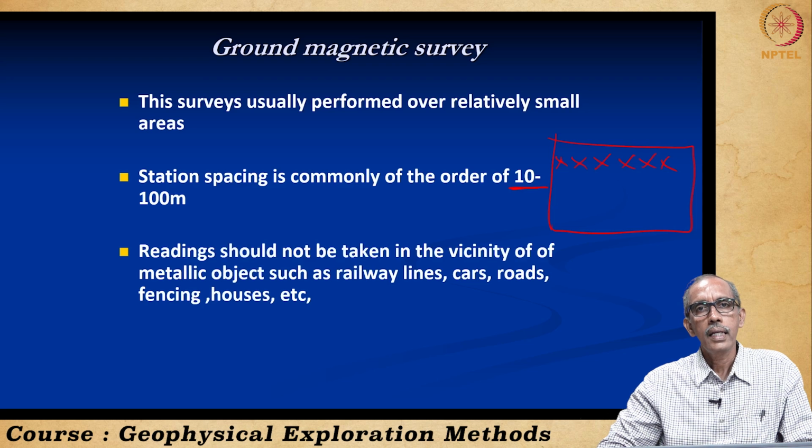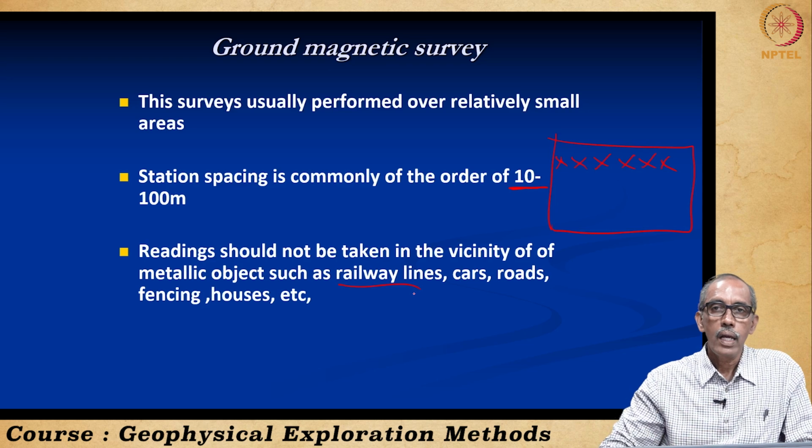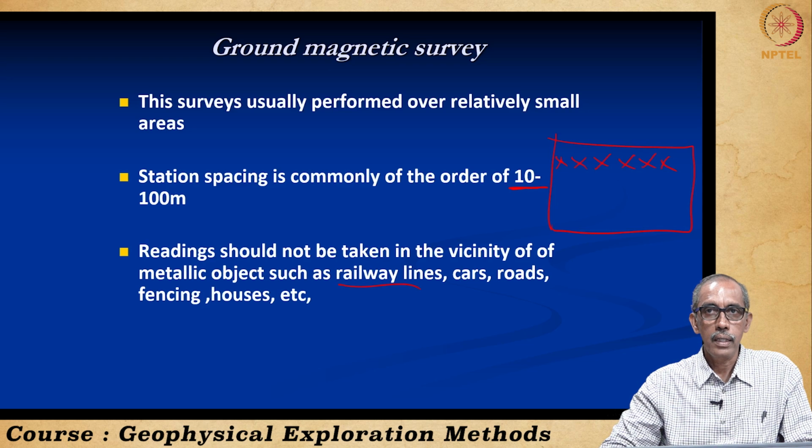And we need to take sufficient care, since the magnetometer is a very sensitive instrument. It is able to measure to the level of 0.1 nanotesla or 0.01 nanotesla. The magnetic reading will also be affected by the presence of iron next to the magnetometer. Suppose our station is nearer to a railway line, it will have an impact on our reading.